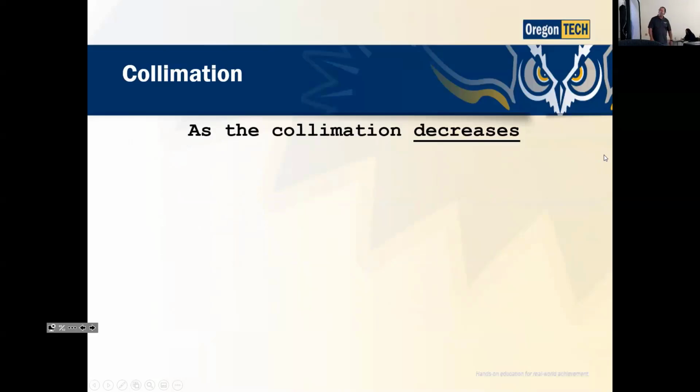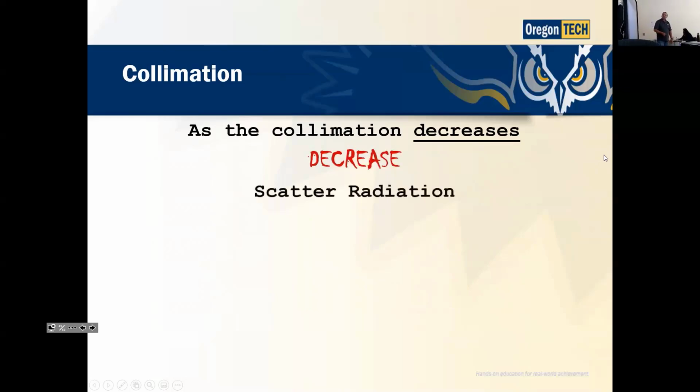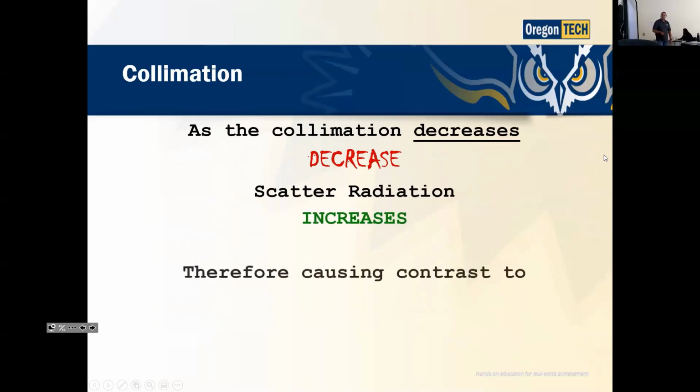Collimation. Now, I've got to fix this slide. This is correct, but it's backwards thinking, because I always talk about decreasing collimation as giving you a larger light field. So this is kind of a negative approach. As collimation decreases, scatter radiation is going to increase, and therefore contrast will decrease.